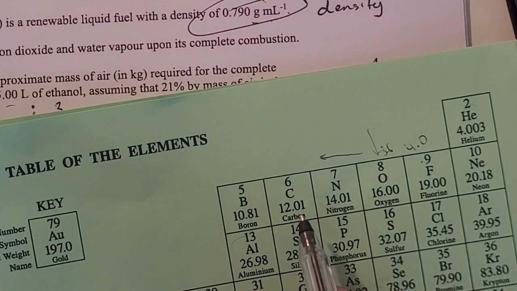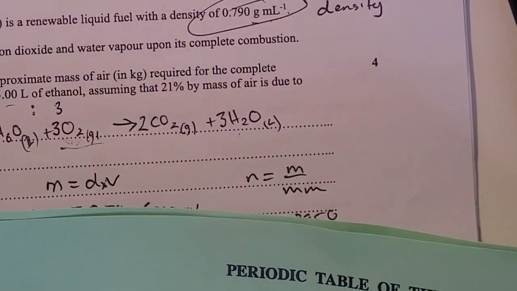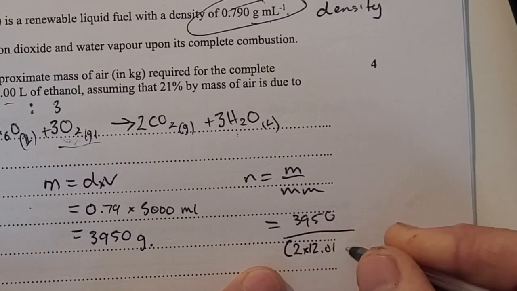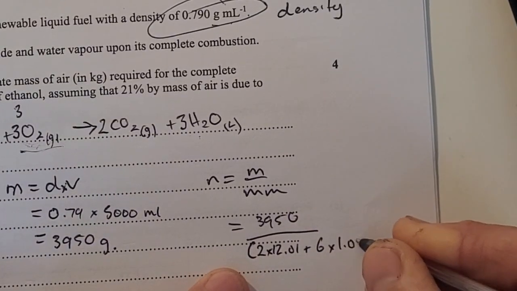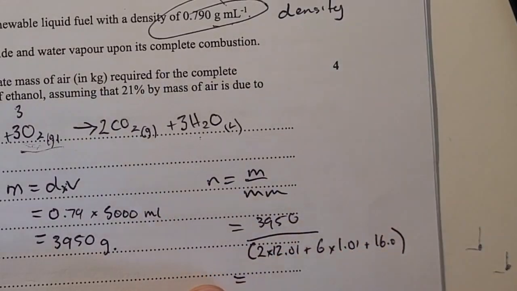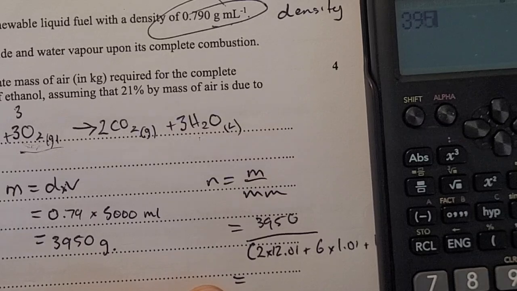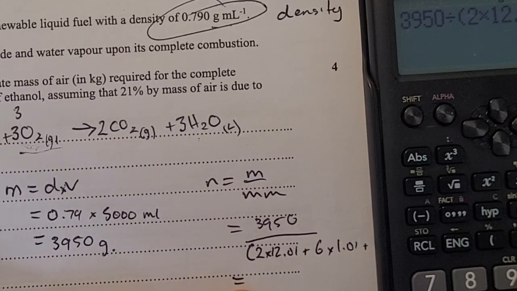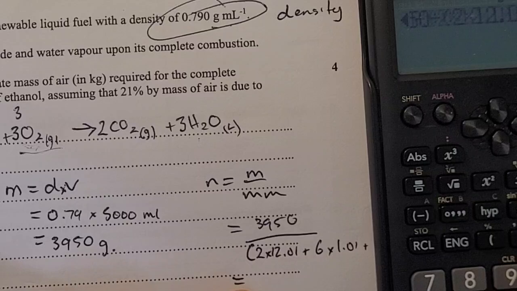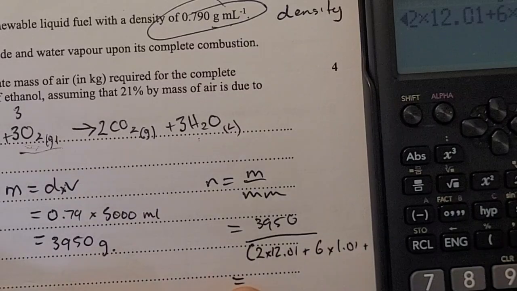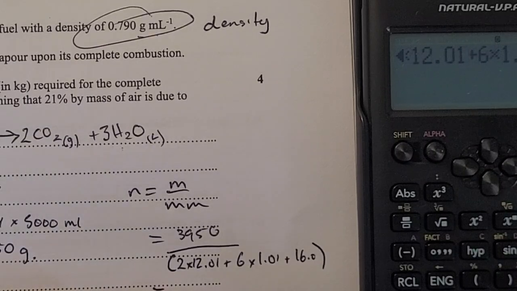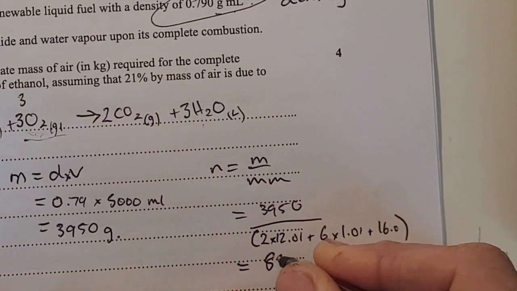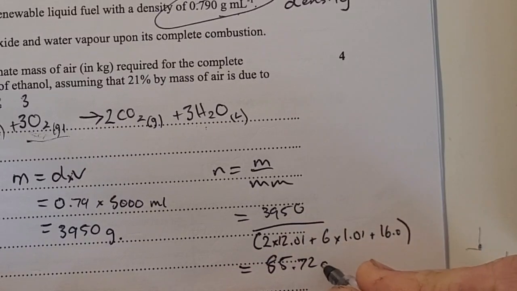Okay, so you're going to find molar mass: 2 carbon, 6 hydrogen, and 1 oxygen. 2 times 12.01 plus 6 times 1.01 plus 16. 3950 divided by, don't forget your brackets, 2 times 12.01 plus 6 times 1.01 plus 16. 85.72 moles.